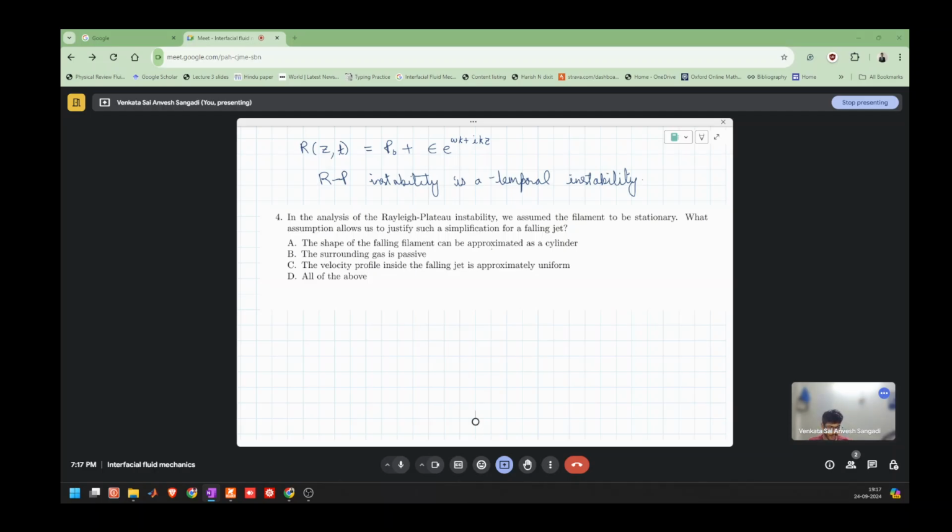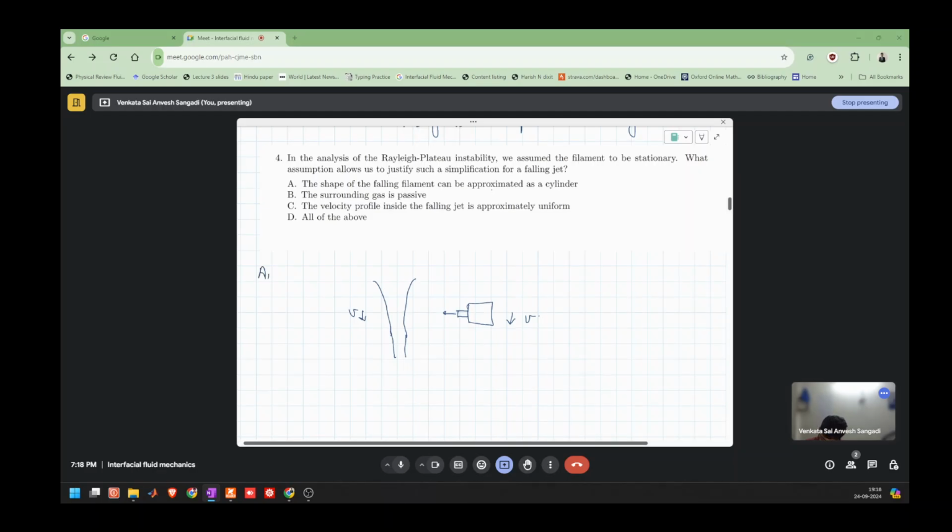One of the first assumptions is that the velocity profile inside the filament is approximately uniform.